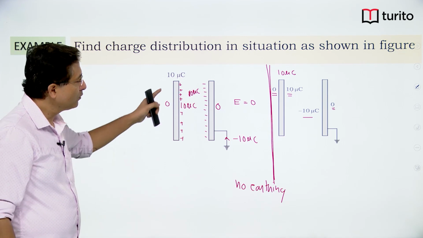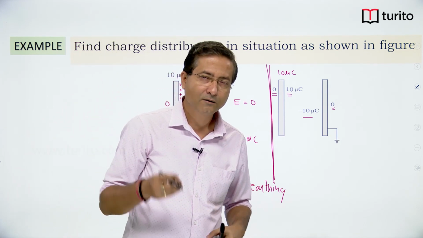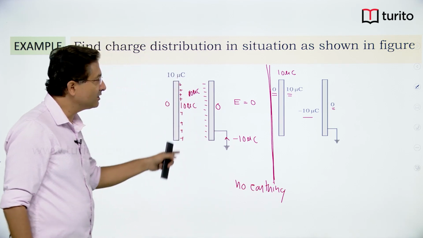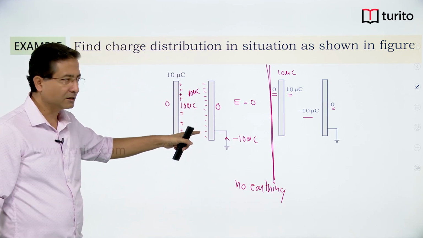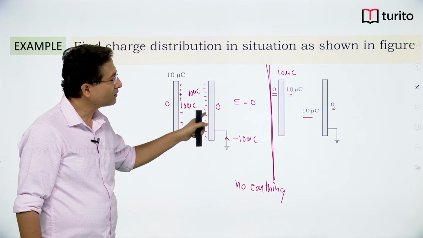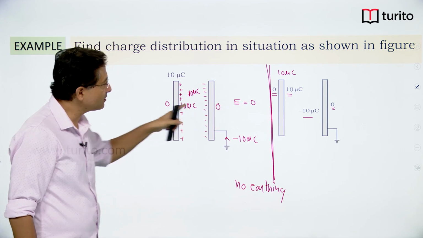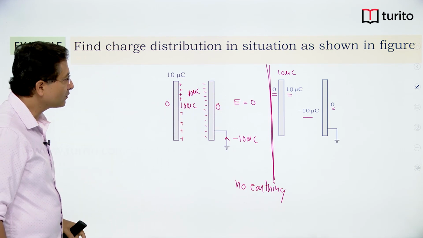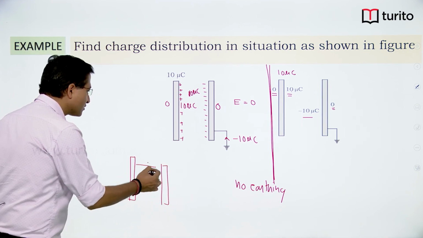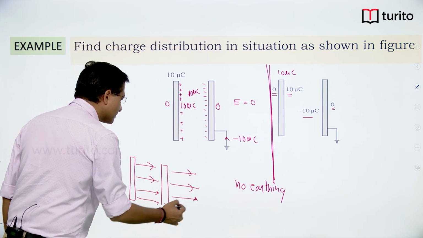So for a spherical conductor we can easily calculate the potential. We will calculate the potential and we will make the potential 0. But in an infinite sheet we cannot calculate the potential, we can calculate the potential difference. So, by logic I got that on the outer surfaces the charge has to be 0 to make field in this region and in this region 0. So, what will happen, earlier you must have seen that field was like this, right, field was something like this.